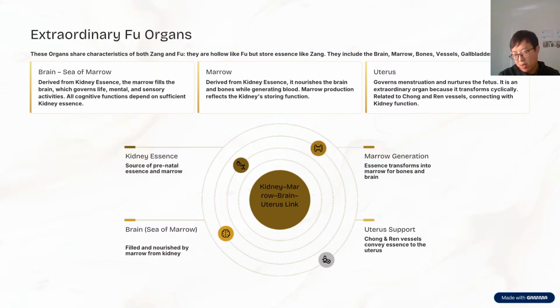So today's course is about the last three of the six fu organs, which are the large intestine, bladder, and triple burner.